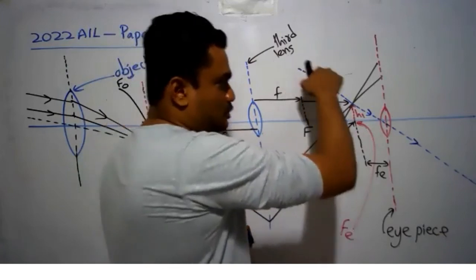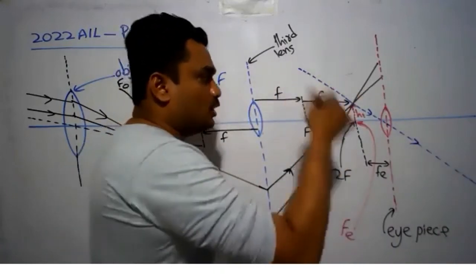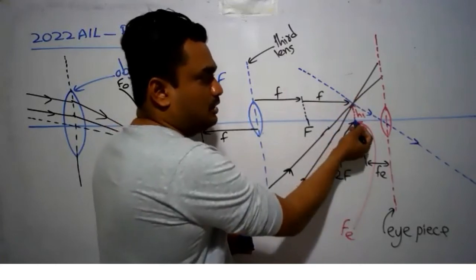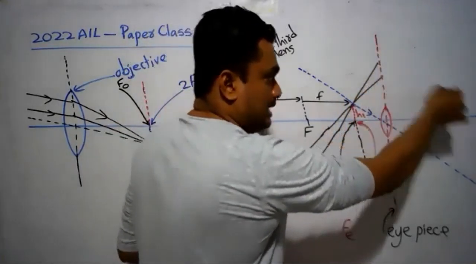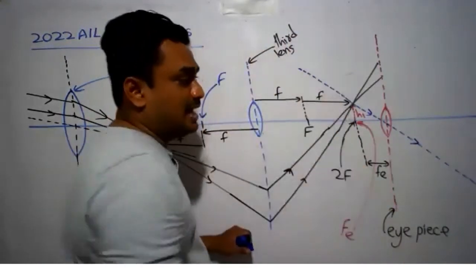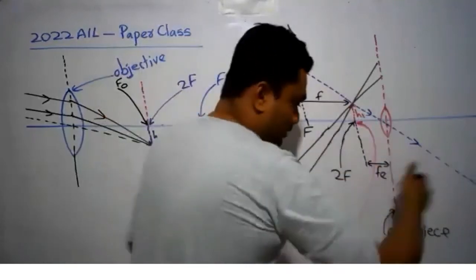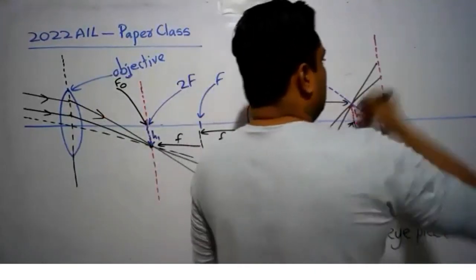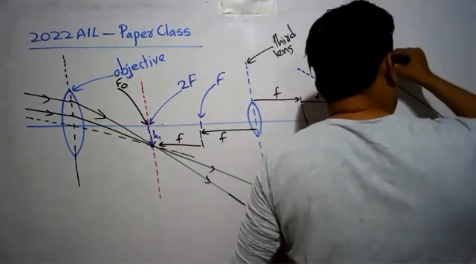A light ray which goes through the optical center is not bent. And we know that when an object is kept on the focal point, the light rays going through the lens will be parallel to each other. Now they will be parallel to each other and parallel to this dotted line. So the final path followed by these light rays will be like this.